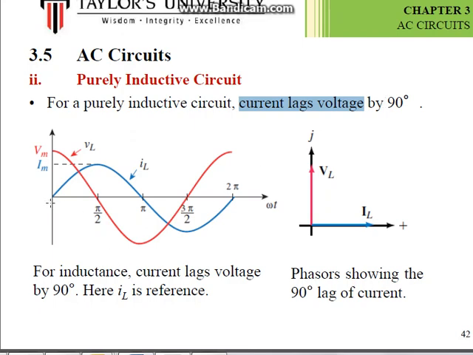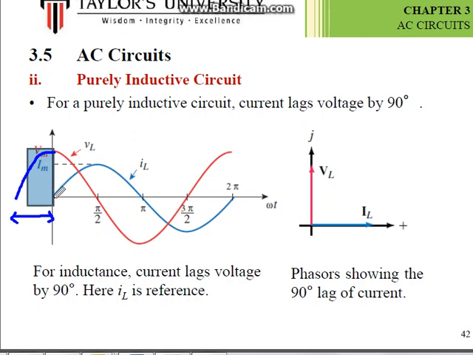If you look at it, this is your current and this is your voltage. If you extend this somewhere further, you get to see that this actually starts way earlier compared to this, and it literally means that current lags voltage by 90 degrees.